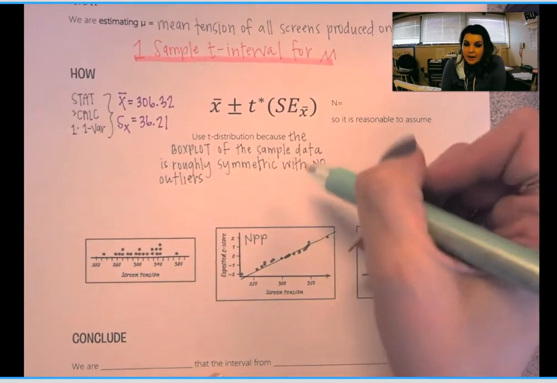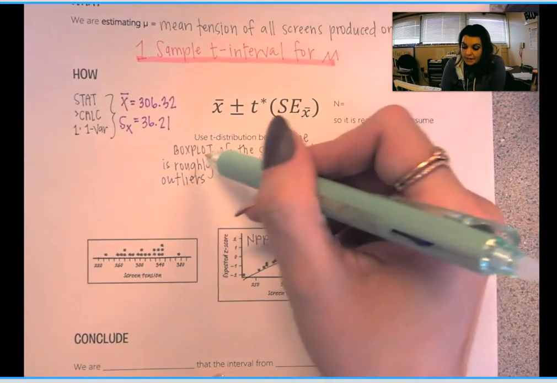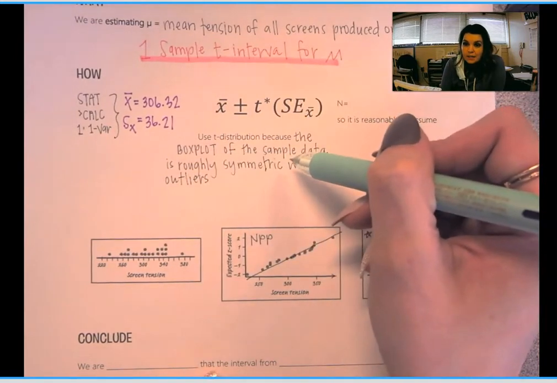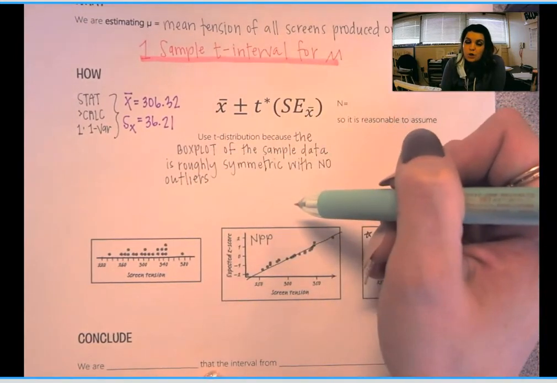Why does this matter? So why does it matter if my sample data is roughly symmetric with no outliers?